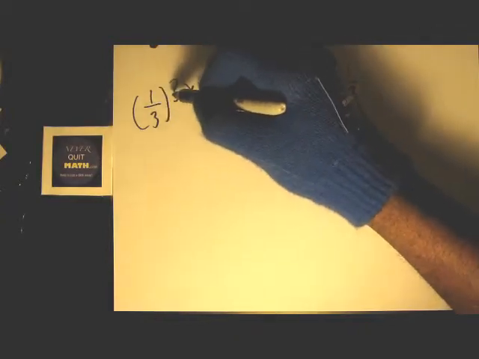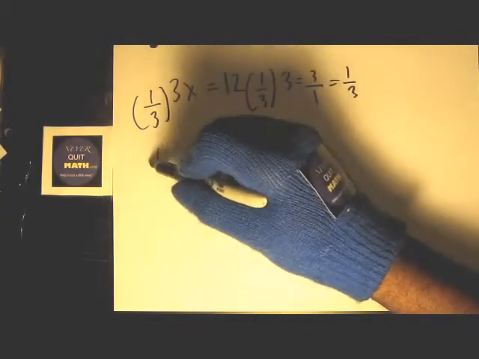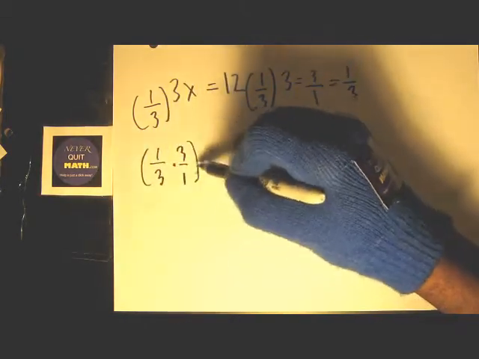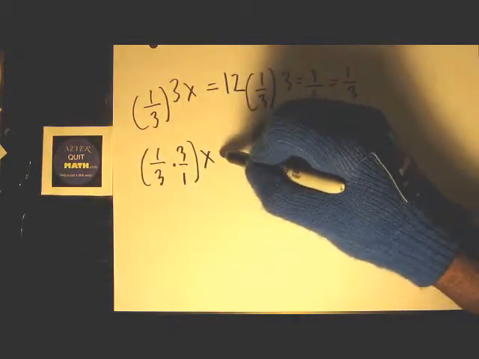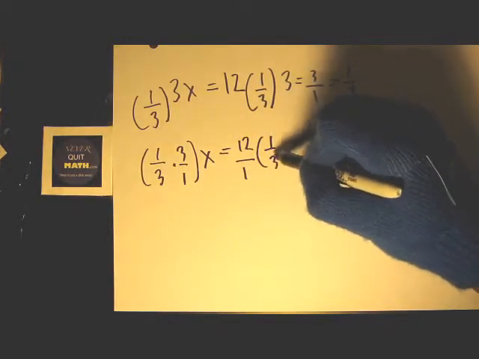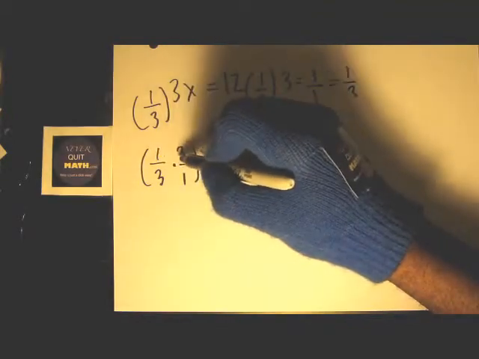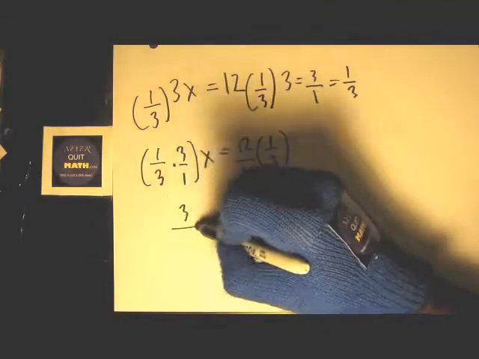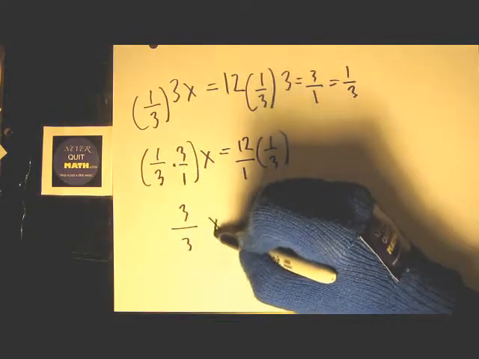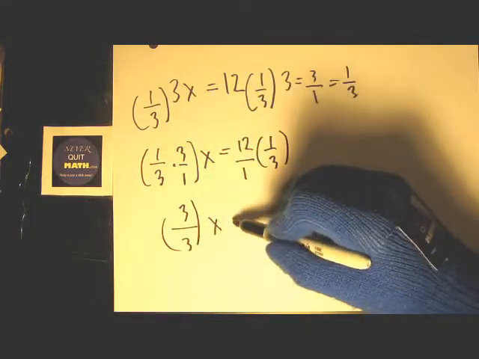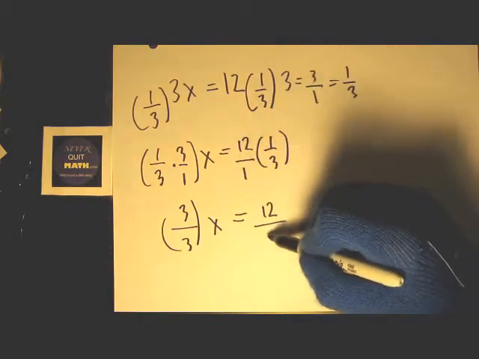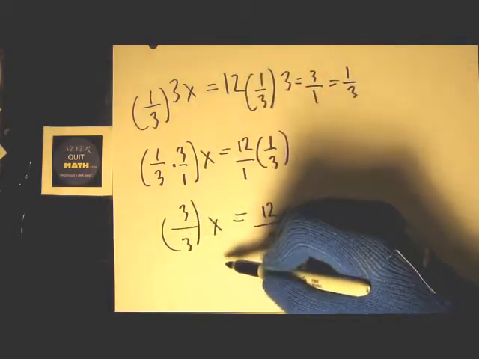As we know from multiplying fractions before, we're going to have 1 over 3 times 3 over 1, in parentheses, x, which is going to be equal to 12 over 1 times 1 over 3. Got it? 3 times 1 is 3, or 1 times 3 rather, times x. 12 times 1 is 12. 1 times 3 is 3. 3 over 3 is always equal to what?